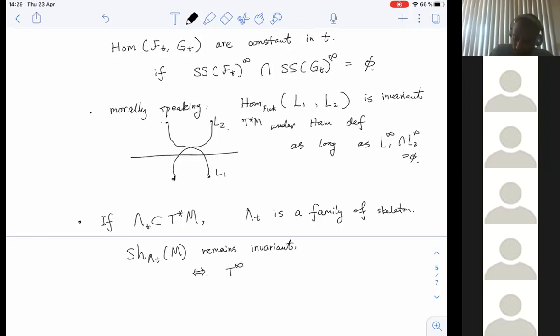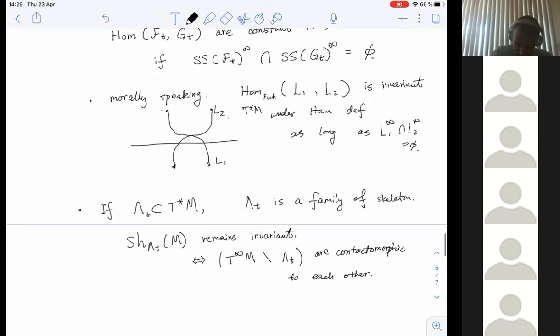One can consider the contact space T infinity M subtract lambda t. If this family of complements are contactomorphic to each other.